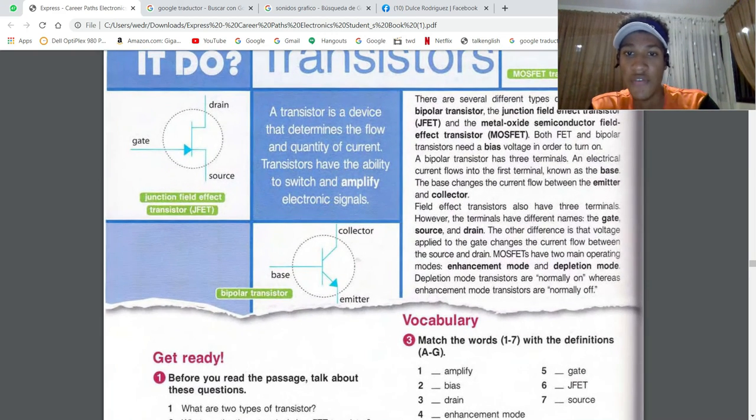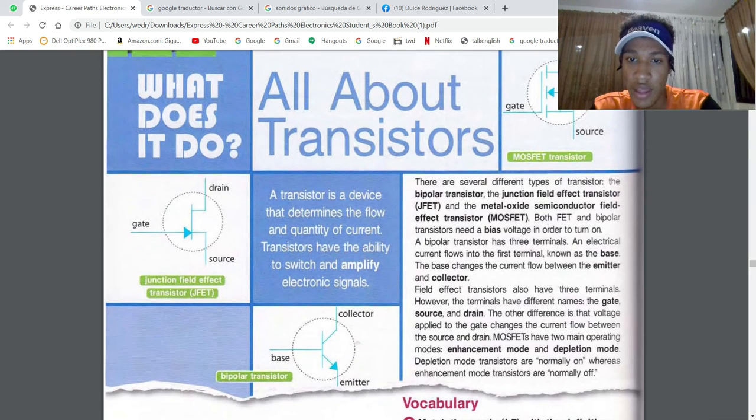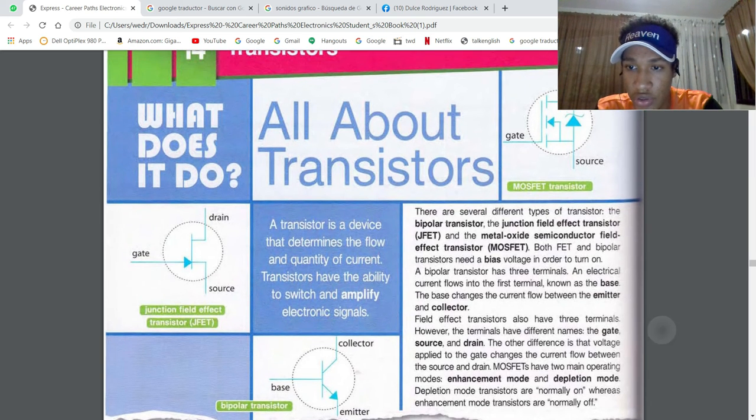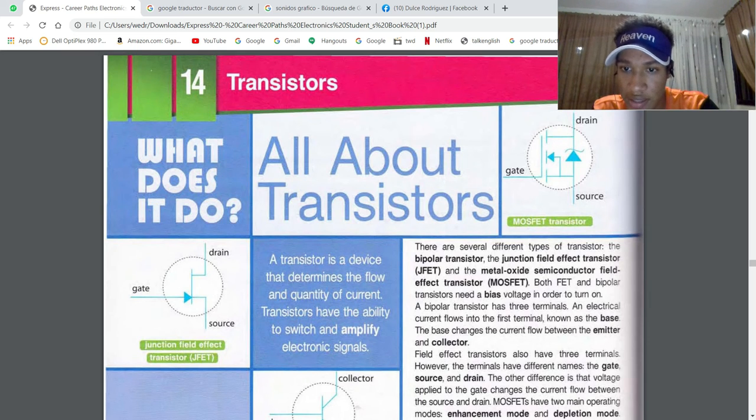And if I read this, there are several different types of transistor. The bipolar transistor, the junction field effect transistor is this, and the metal oxide semiconductor field effect transistor is this.